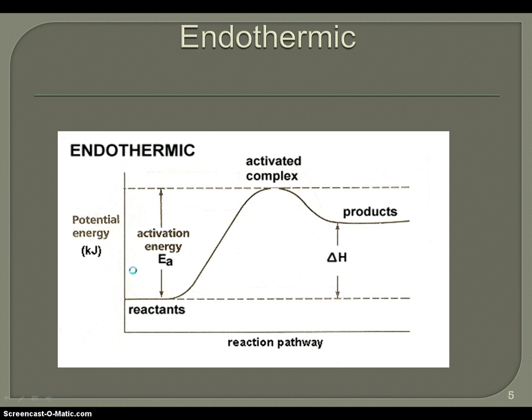Now if we look at a graph of an endothermic reaction, the reactants have a very low beginning energy, and so they need a lot more energy, an activation energy, in order for the reaction to actually occur. Once it occurs, you have products that have more energy than the reactants.